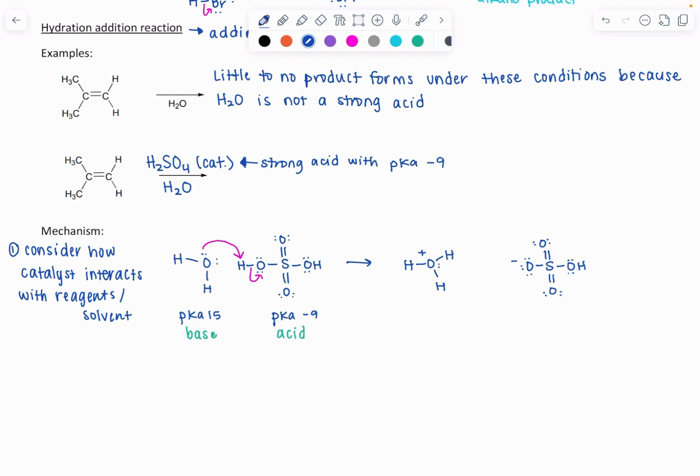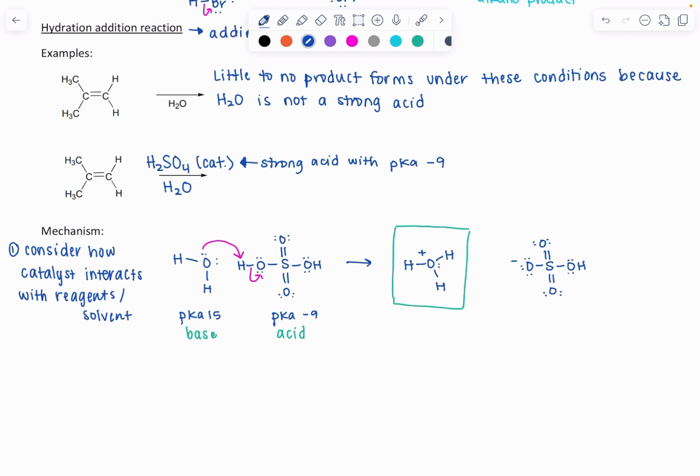Now, when sulfuric acid is added to water, because its pKa is so low, it's going to donate its proton to water, and all of it will convert into the conjugate base and hydronium. So now when we're working through the mechanism, this is the acid that we will consider being present in solution.